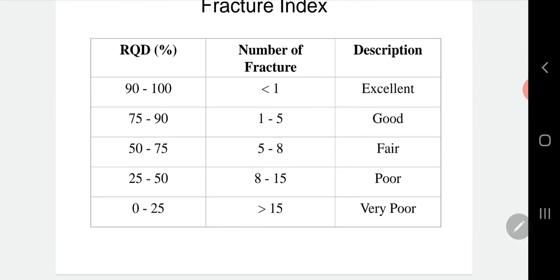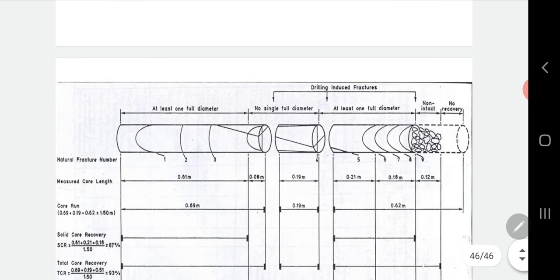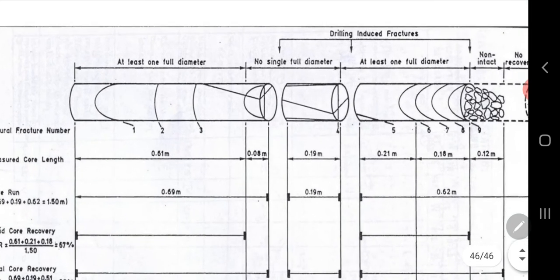And then you check the surface of the sample: is there any fracture? If there is only one fracture, or less than one fracture, we consider the sample to be in very good condition, and we call it excellent. This is what I explained just now.